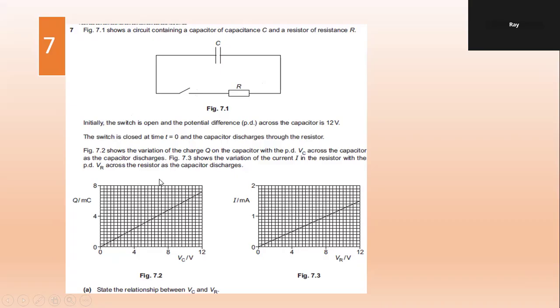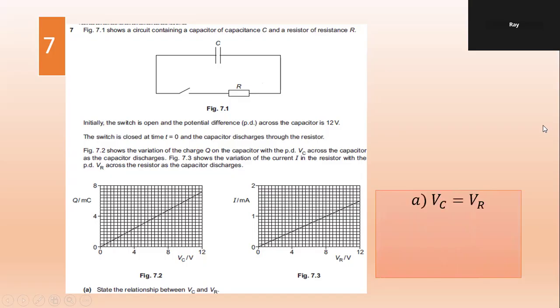You close the switch, the charge on the capacitor against the potential difference across the capacitor is given by this graph. Then the current flowing through the circuit and the potential difference across VR is given. Then you are asked the relationship between VC and VR.